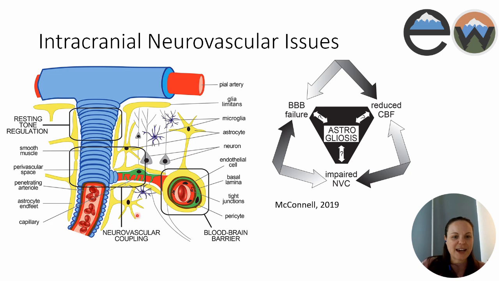These astrocytes are what are communicating with the blood vessels in the brain. So for individuals that are having neurovascular issues, we want to make sure again that that blood-brain barrier is very healthy, because disruption to this can cause the astrocytes to get mad and send wrong signals to the intracranial vasculature.